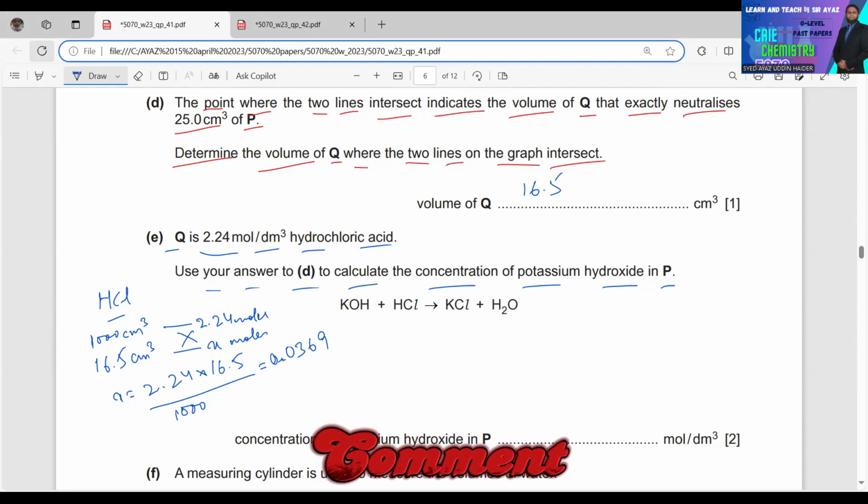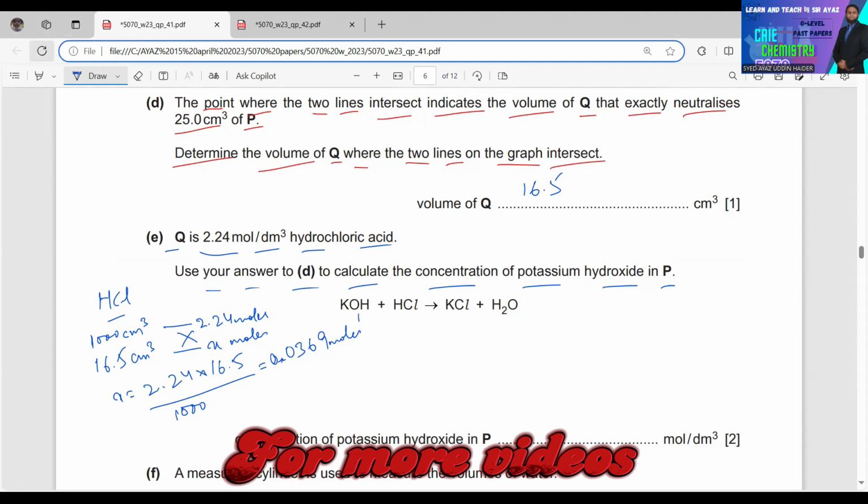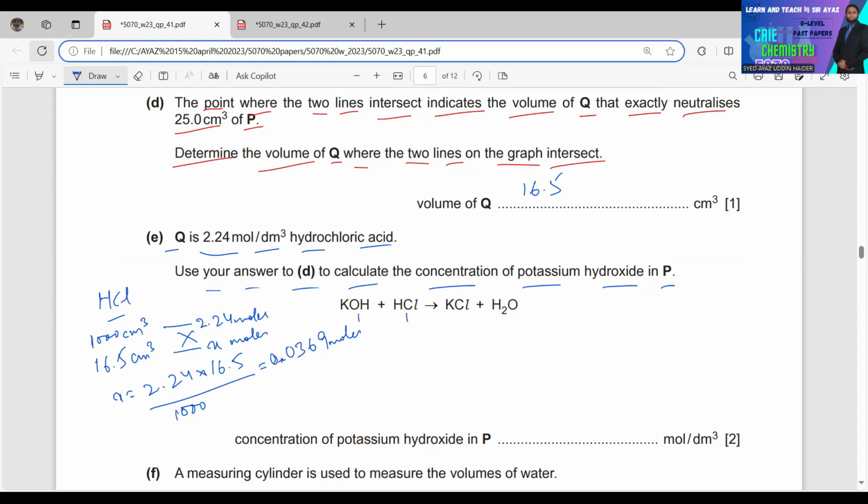Three significant figures are given after the point. So we have 0.0369 moles of hydrochloric acid. Look at the combining ratio of KOH and HCl. It's 1:1, which means the moles for KOH is also 0.0369.